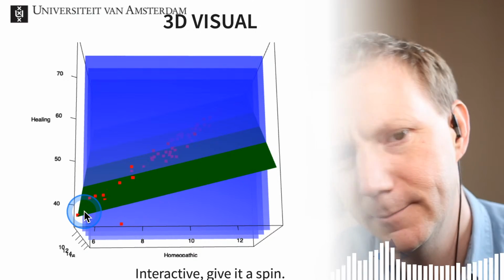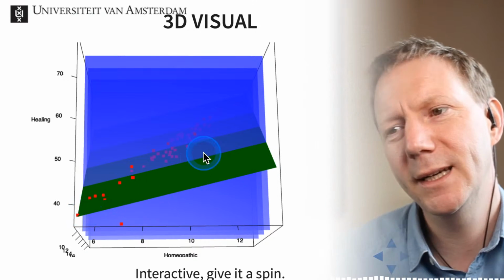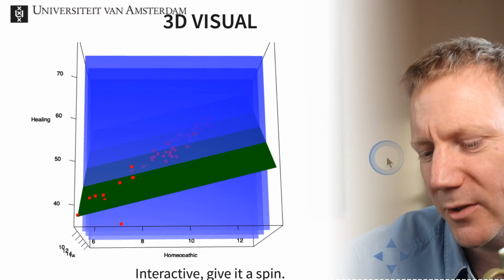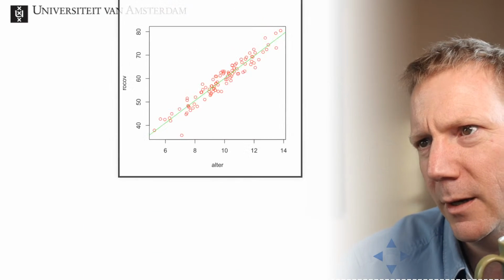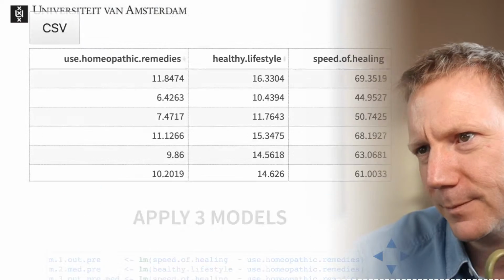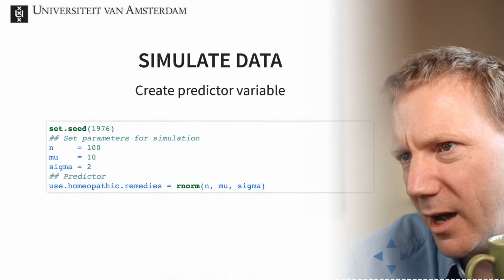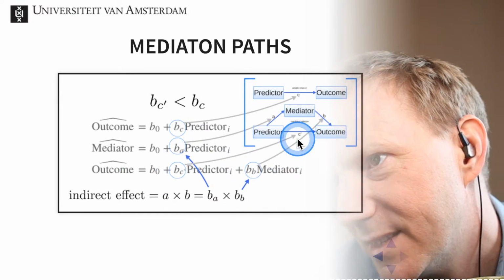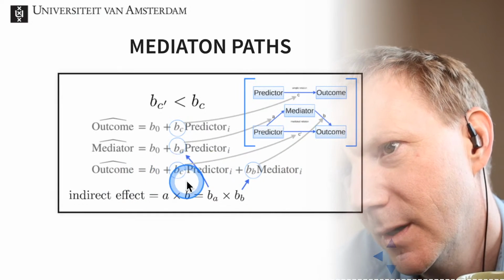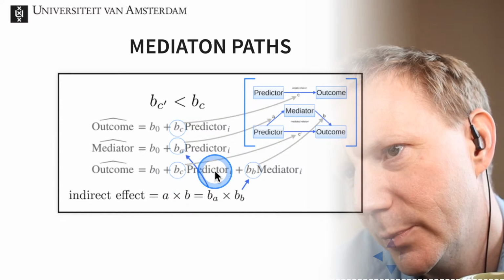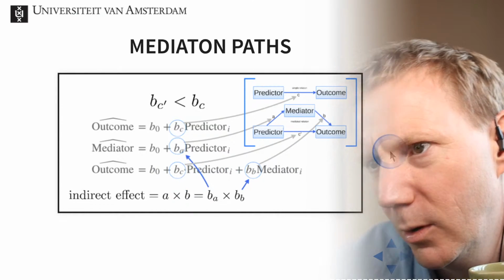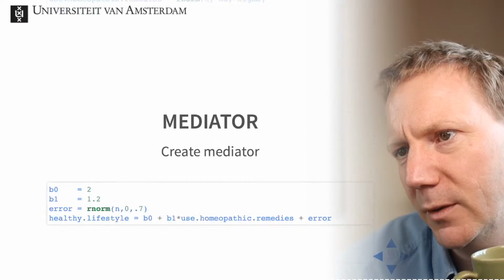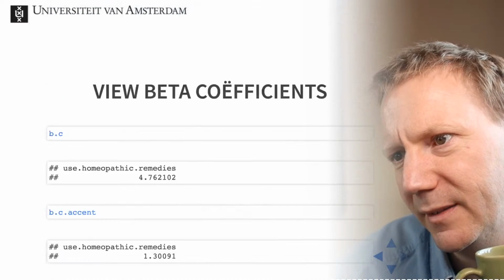So, in terms of, I'm trying to get it back to this one. If I would ask you to point at the C accent, the beta coefficient for the predictor, what are you going to point at?